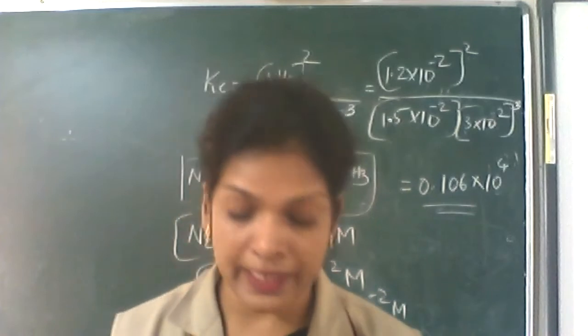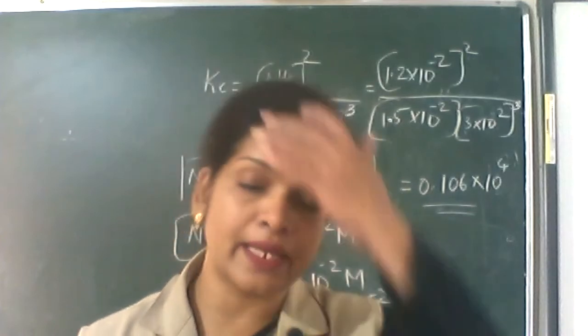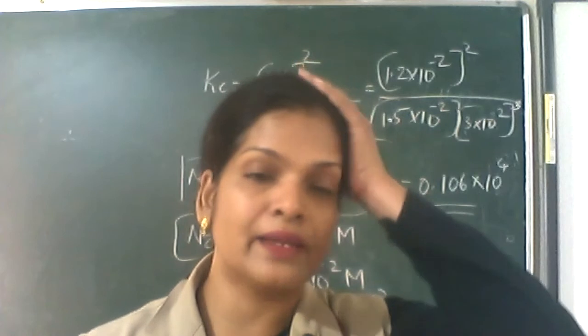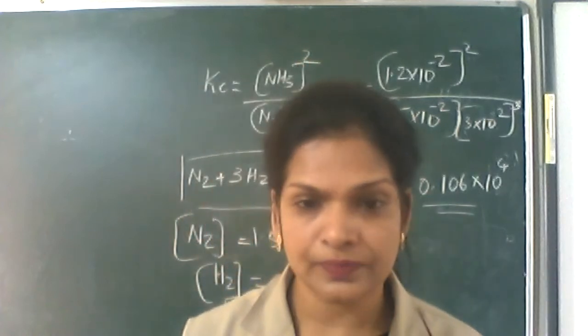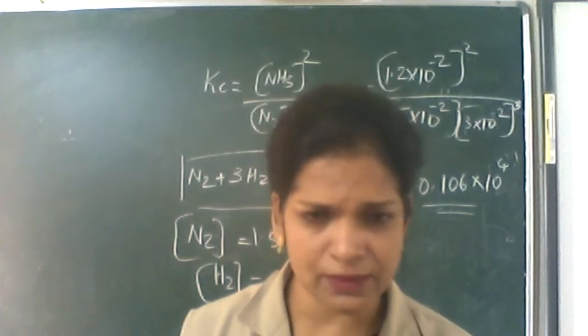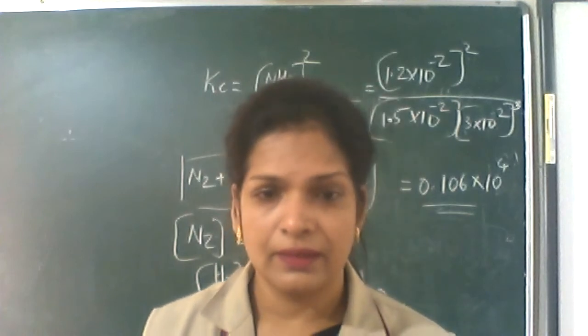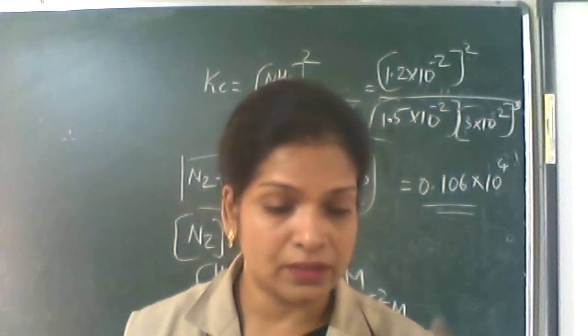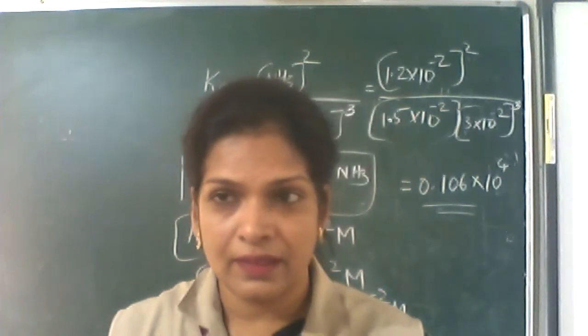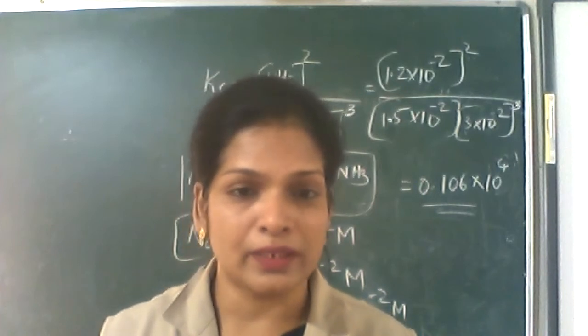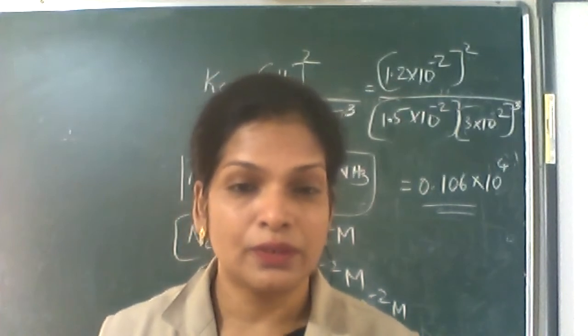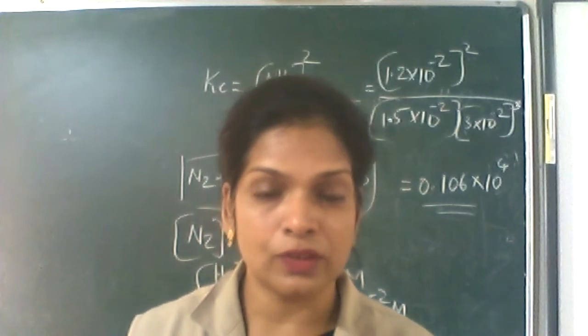Why do we need Kc? Looking at the Kc value, we can see whether a reaction should be done in a factory or not. We are doing many reactions to make fertilizers. Early in the morning we put in the reactants, and if after the day gets over you are not getting the products, what is the use of spending this much money and doing this much work?